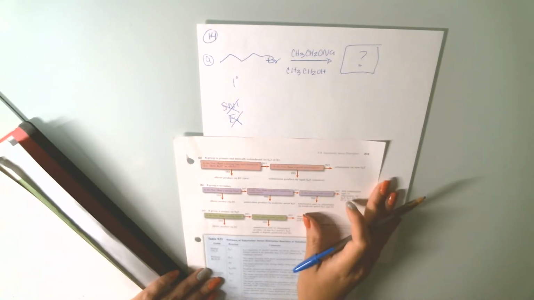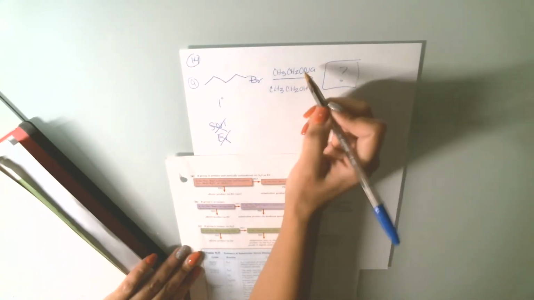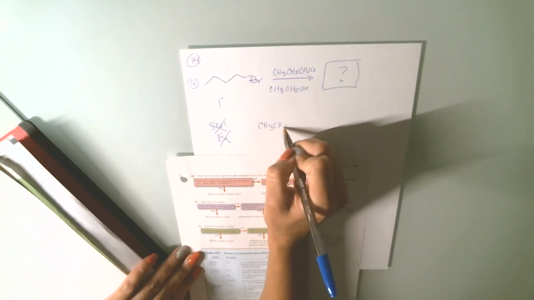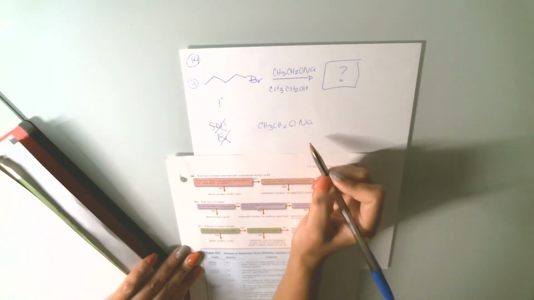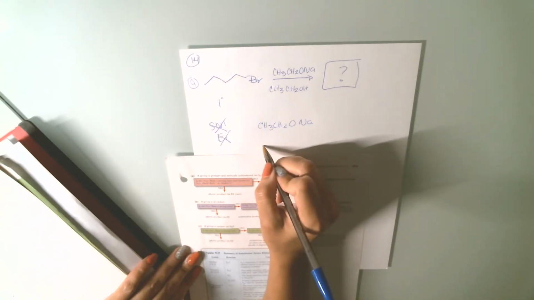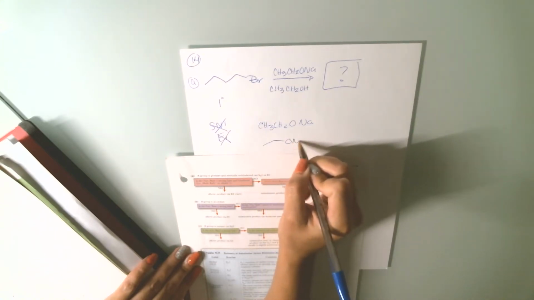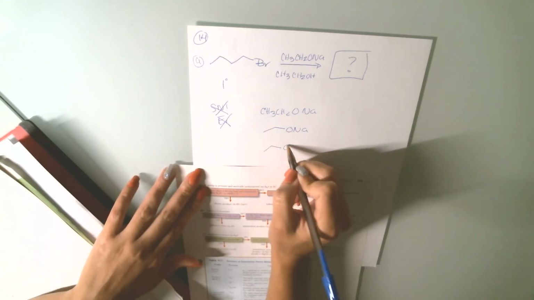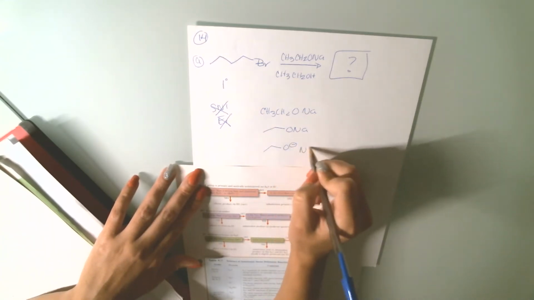What is our nucleophile? We have CH3CH2O-, and Na+. This is sodium ethoxide. On the exam, you may see this just with the line formula like this, or you can view it as this, or just having the ethoxide.